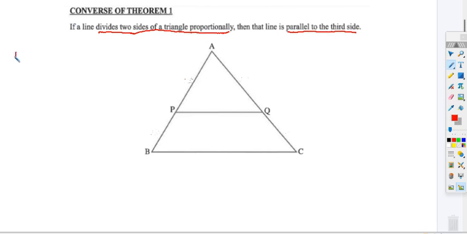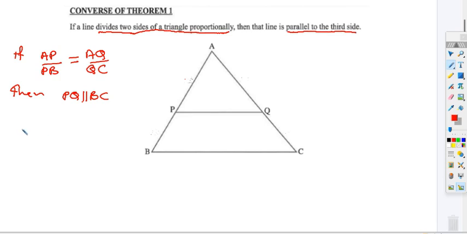So if it is confirmed that AP over PB is equal to AQ over QC, then the conclusion is PQ is parallel to BC.